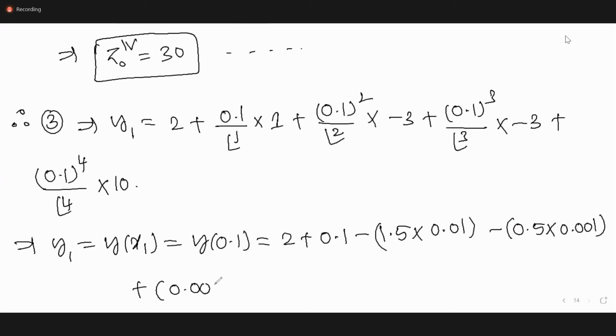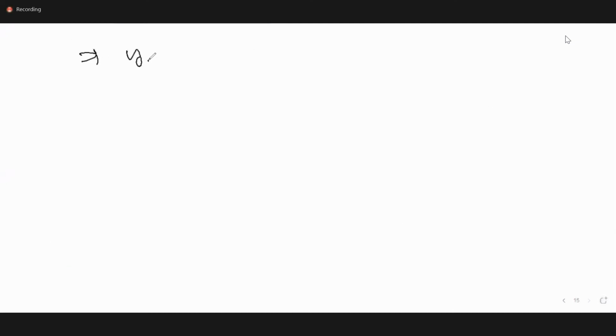So 0.0001 into 5 by 12. 5 by 12 is 0.0004166. So y1 is equal to y of 0.1, is equal to, calculate the value.